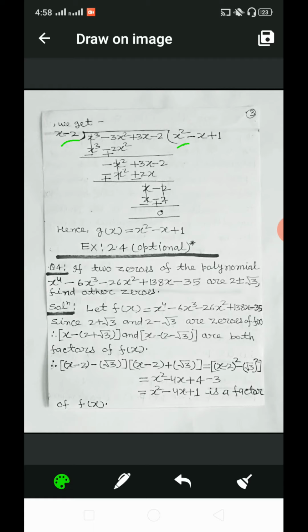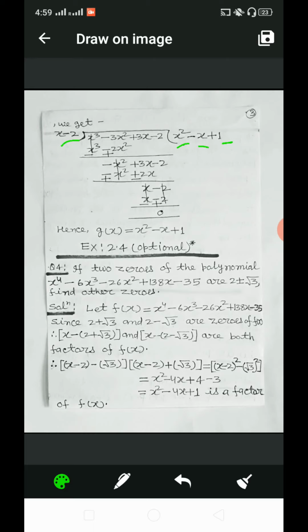Here the first term is minus x square. On the basis of that, we take the quotient as minus x and it is multiplied by x minus 2. We get minus x square plus 2x. After changing the sign of these terms, we get x square minus 2x. After solving, we get x minus 2, and on the basis of this we can take the quotient as 1, and 1 is multiplied by x minus 2, we get x minus 2.